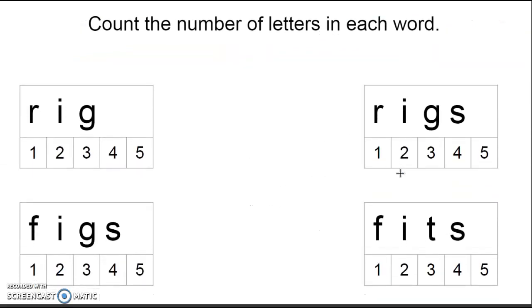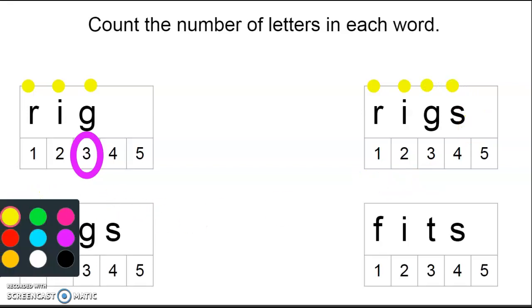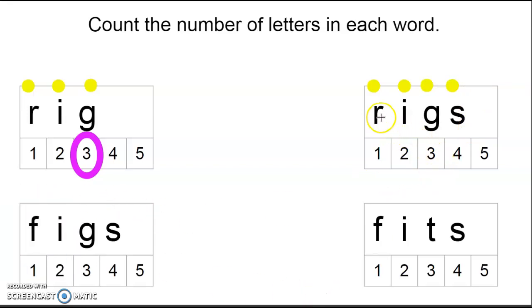Okay, here are some larger words this time. Let's get started. Our first word is rig. R-I-G. How many letters are in the word rig? 1, 2, 3. There are 3 letters in the word rig. Let's bop on over here to the word rigs. We've added an S at the end. R-I-G-S. How many letters are in the word rigs? 1, 2, 3, 4.